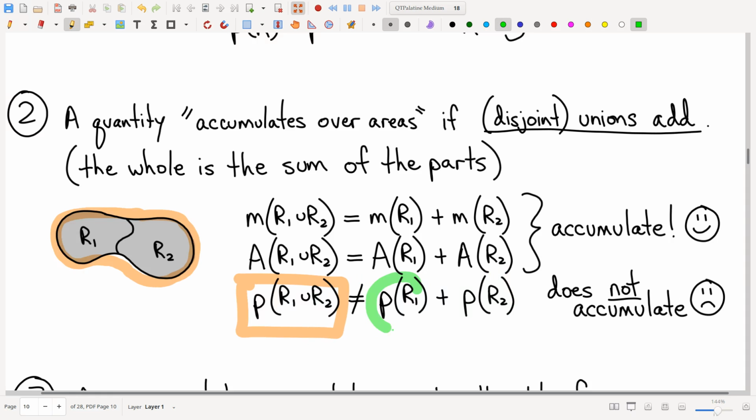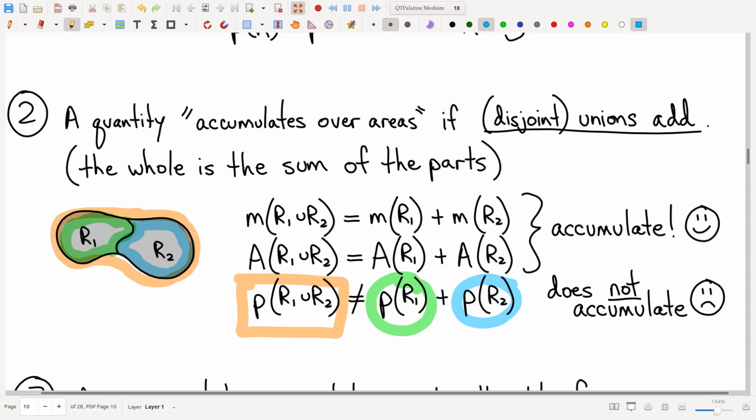The perimeter of the left side overlaps a lot with it, but then there's that piece in the middle. The perimeter of the right side, again, overlaps quite a bit with the orange, but then there's that part in the middle. And green plus blue is more than orange here.